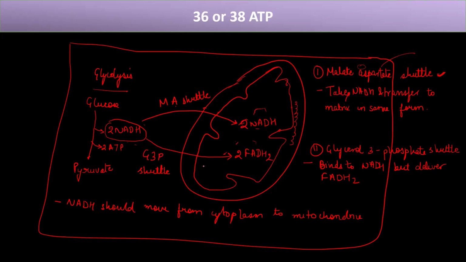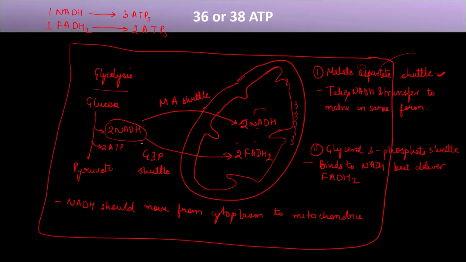Now, we know that from one NADH, 3 ATPs can be formed. We will prove this in today's lecture, but in the last class also I told you that from one NADH, 3 ATPs are formed. And from one FADH2, 2 ATPs can be formed. So now we understand why in some cases 36 ATPs are formed and in other cases 38 ATPs.